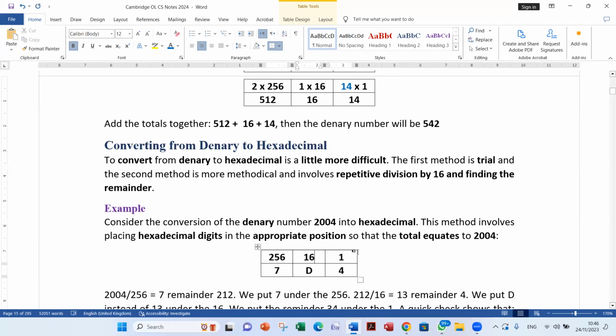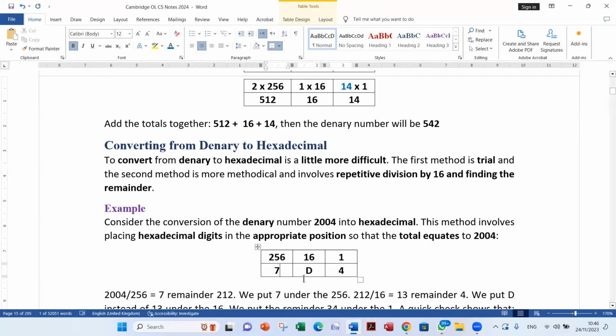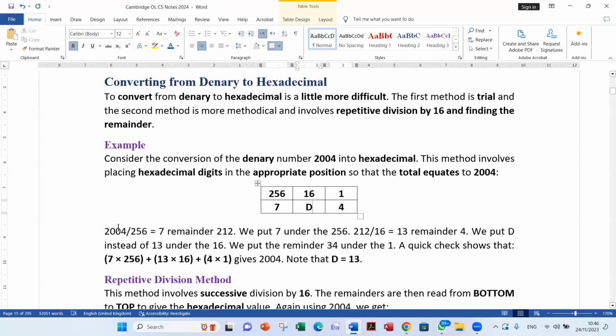This example is really difficult. I will go through it just for clarification, and I will give you simpler examples. So we would like to convert 2004 into hexadecimal. You need to place here, for example, 7, and here D, and here 4. This is so complex.